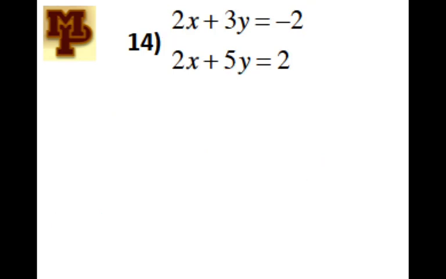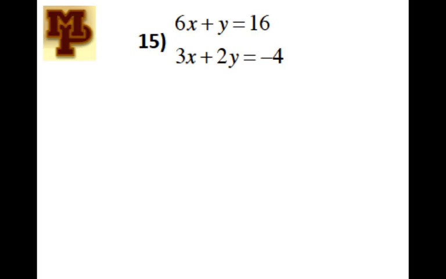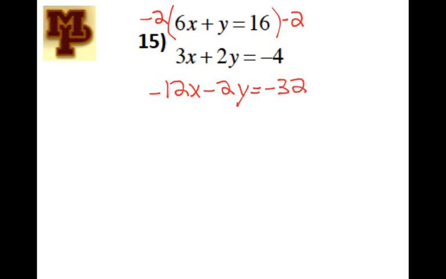And 15. This one's going to be elimination as well, so let's come up with a plan. So probably try to make this top one a negative 2. So let's multiply that top one by negative 2. That will become negative 12x minus 2y equals negative 32. I'm going to rewrite this other one, just make it so it's the same color for me.